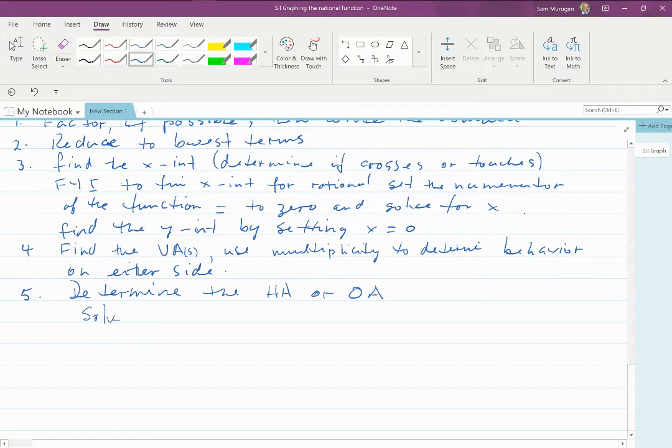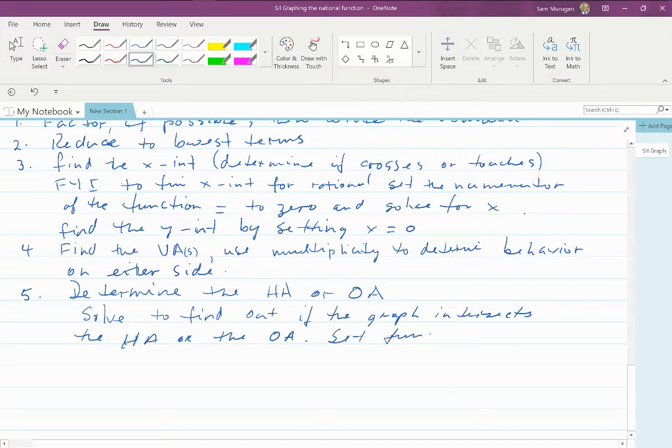Solve to find out if the graph intersects the horizontal asymptote or the oblique asymptote. We do this by setting the function equal to the oblique asymptote or horizontal asymptote.